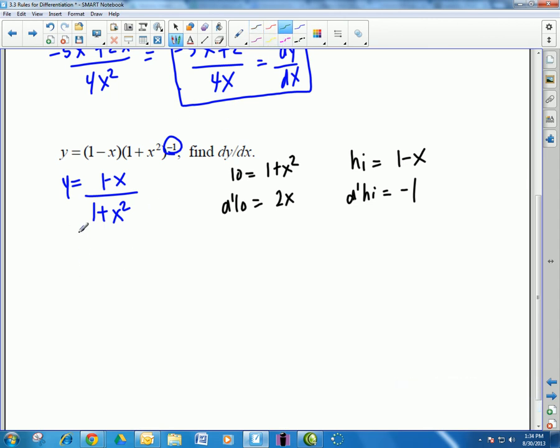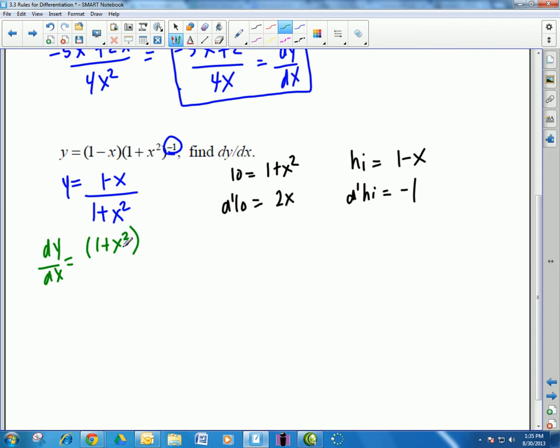Okay, so if we take a look at this low d high minus high d low over low low, you would have dy dx is equal to, so here's your low, so that's the 1 plus x squared. And again, put everything in parentheses, every single part, like the low, the high, and all that.